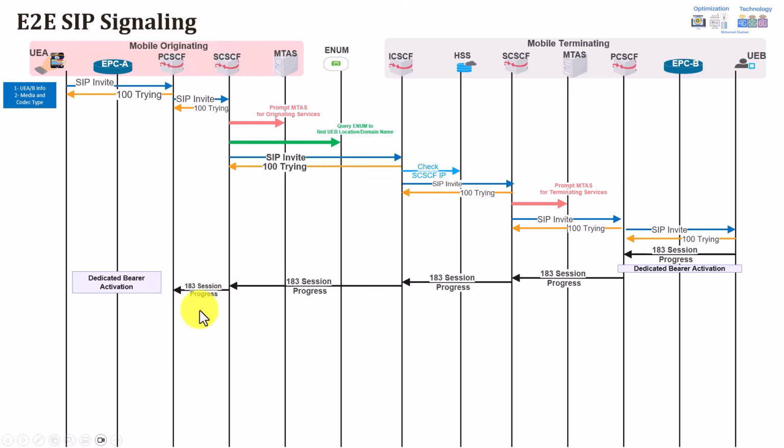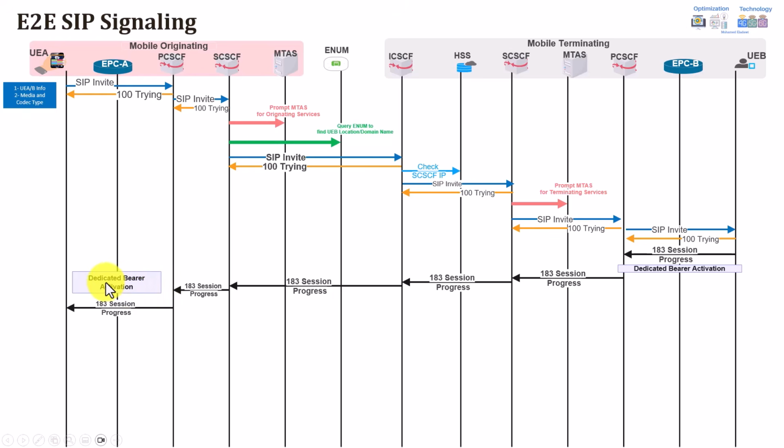Now once this message, which has the SDP answer with the codecs supported by this user, is received by the proxy, the proxy will also start requesting the EPC network to activate the dedicated bearer.